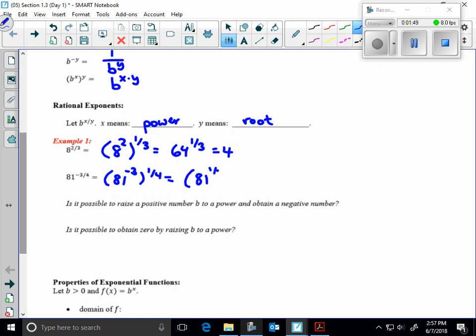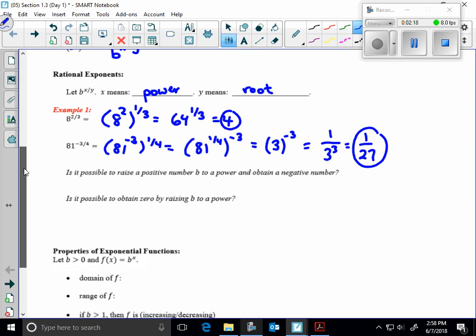So sometimes it's in your best interest to think about the different ways you can do this. 4th root of 81, 3 times 3 times 3 times 3 is 81. So the 4th root of 81 is 3. And 3 to the negative 1/3 is 1 over 3 to the 3rd, which is 1 over 27. Okay, so that's how you work with your rational exponentials, or exponents.